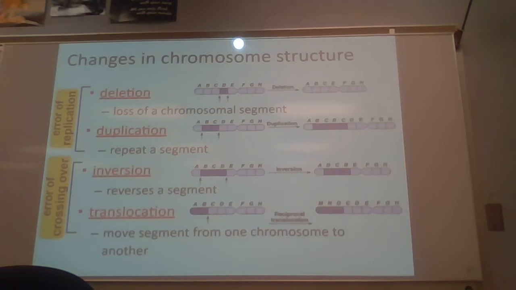And the last one of these is translocation. So sorry, it's getting kind of low down on the screen, but translocation, we're moving a section of the chromosome to a different non-homologous chromosome.